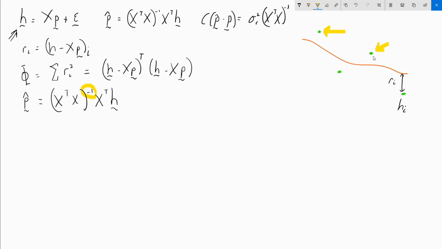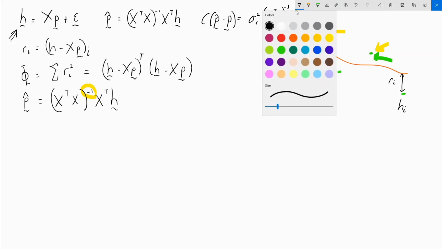In that case, I can reformulate the inverse problem in a way that tries to tell the inverse problem, fit this one in preference to this one if you can't fit them both. And the way we do that is to use measurement weights.